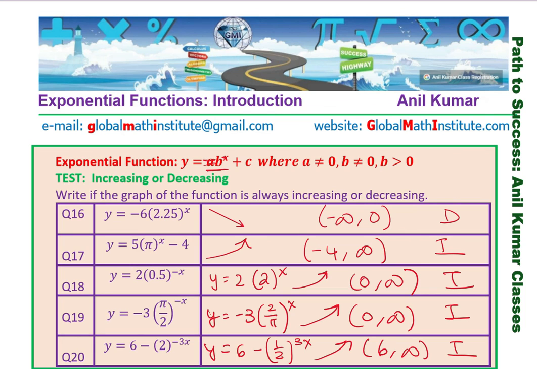And x could be negative, and also reflection on the y-axis makes a huge difference. It changes increasing to decreasing, right? So both reflections, whether it is reflection on the x-axis or on the y-axis, change increasing to decreasing. Perfect. With that, we come to an end of this particular exercise, and I hope you understand and appreciate it.